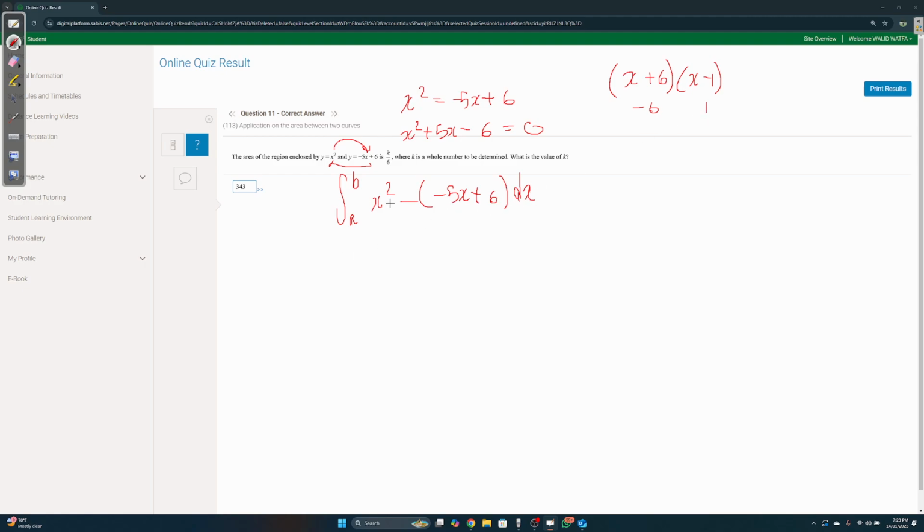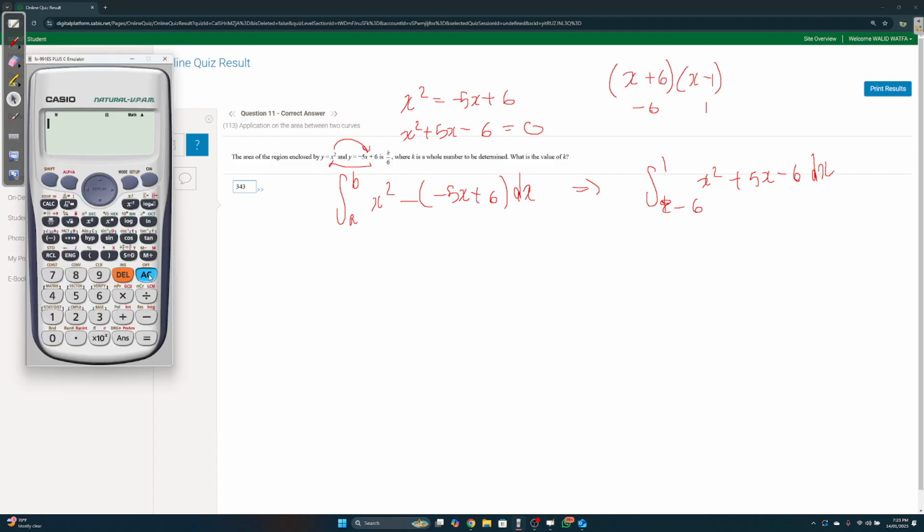So your a and b will be the integral from negative 6 until 1, x squared plus 5x minus 6 dx. And you start substituting. I'm not going to substitute, you do it yourself if you want, but I'll integrate it for you. So it's going to be x cubed over 3 plus 5 over 2 x squared minus 6x between negative 6 and 1.